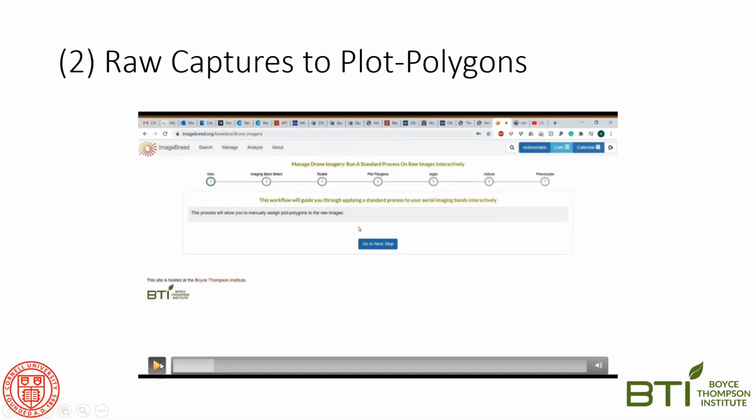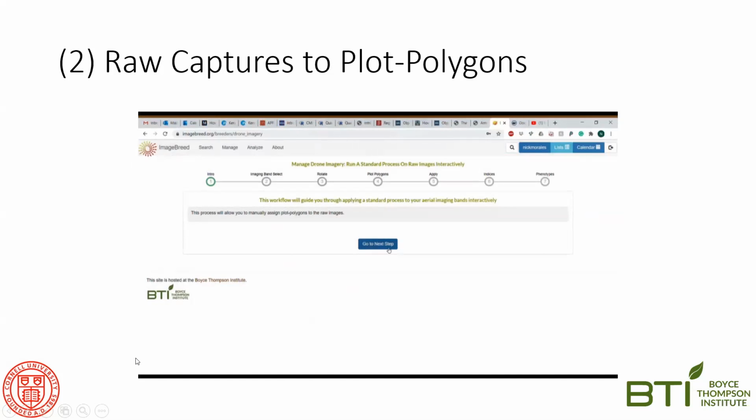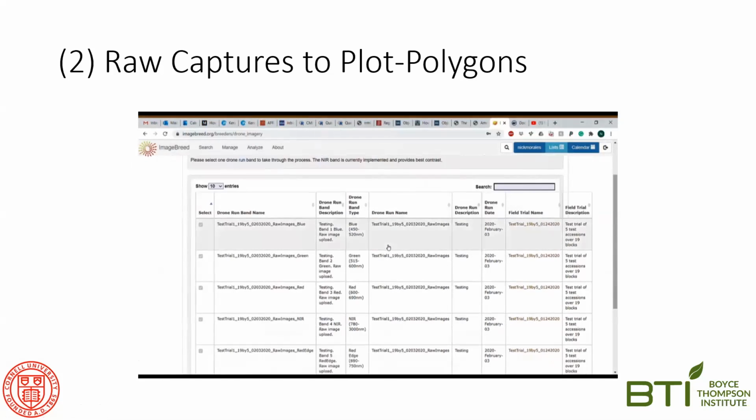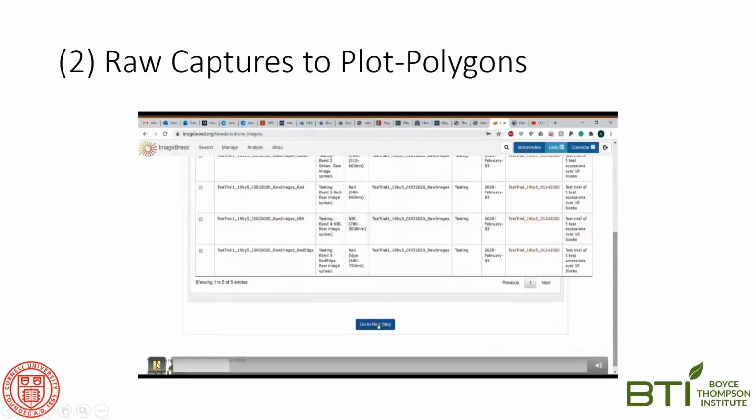I wanted to run through how the process looks for assigning the polygons onto the raw captures. So it goes through a similar process. We select one of the bands to take through, and then it'll apply the same process to the other bands.